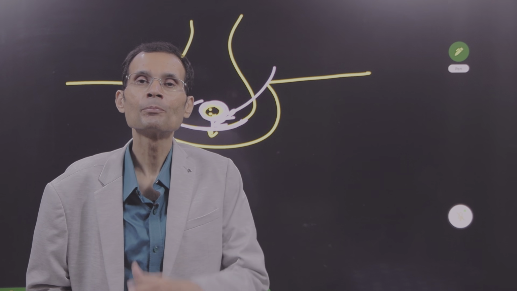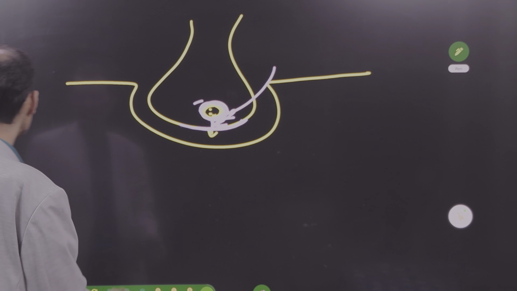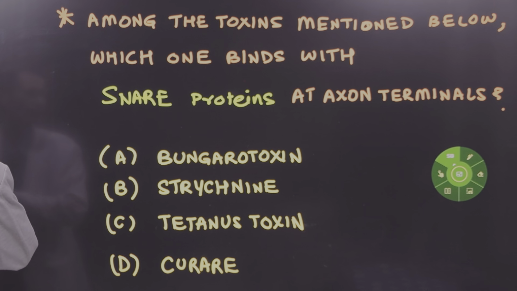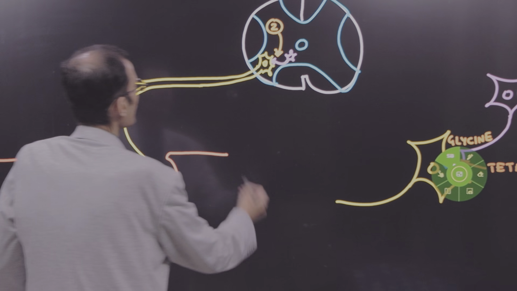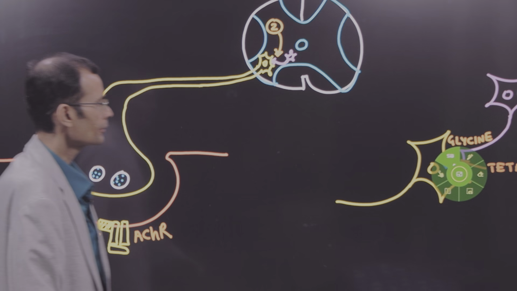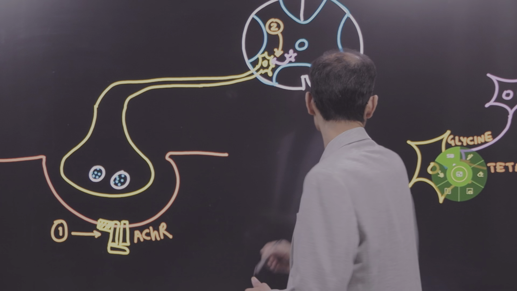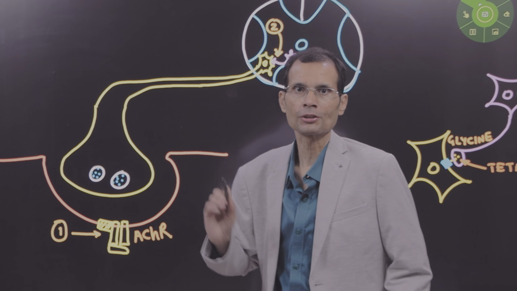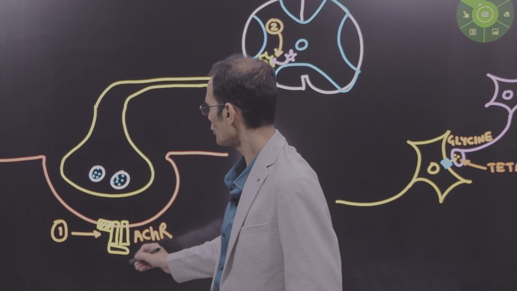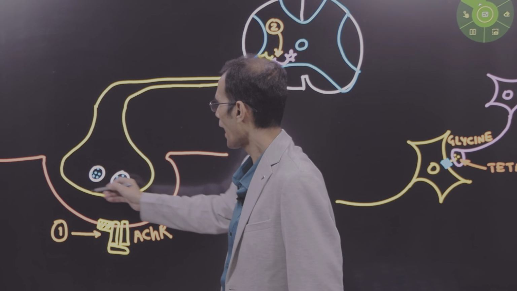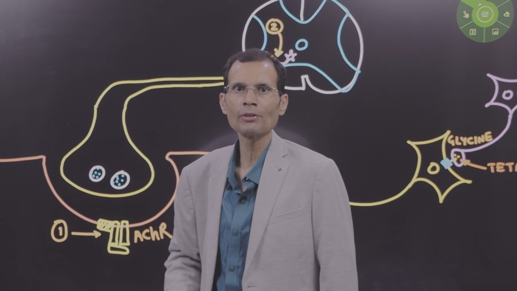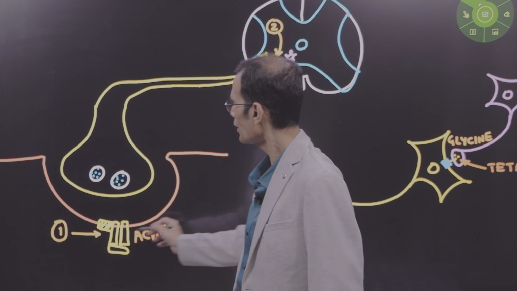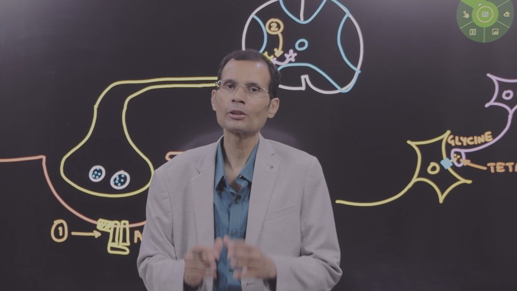Now we will see where exactly those toxins exert their action. All right, you can see here there is a neuromuscular junction. This axon terminal has acetylcholine vesicles, and on the post-junctional membrane we have the nicotinic acetylcholine receptor.